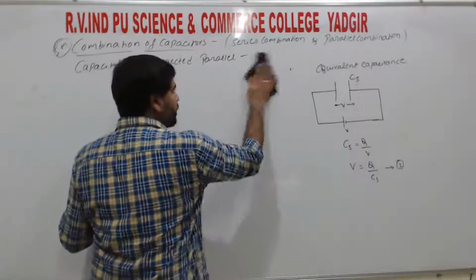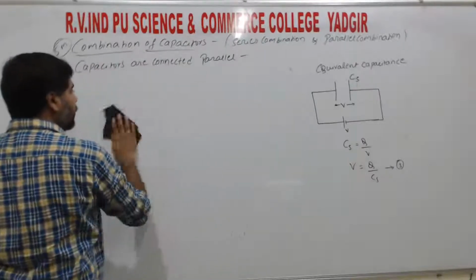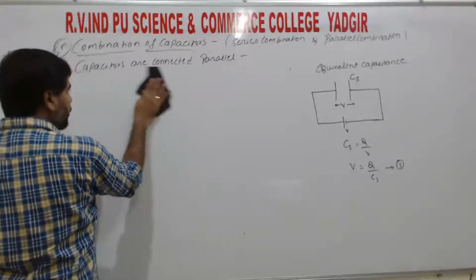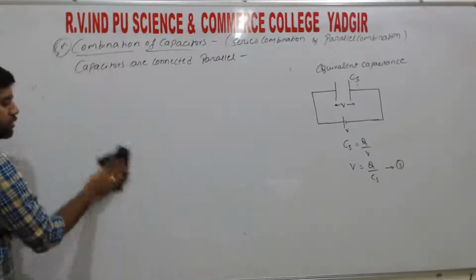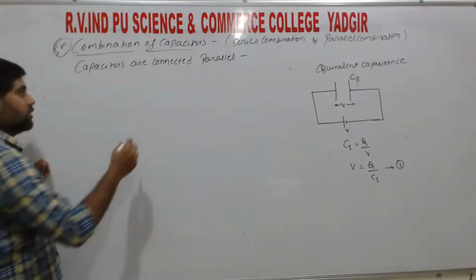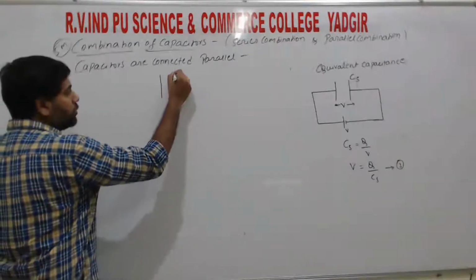When we say capacitors are connected in parallel, the same ends of the capacitors are connected together.